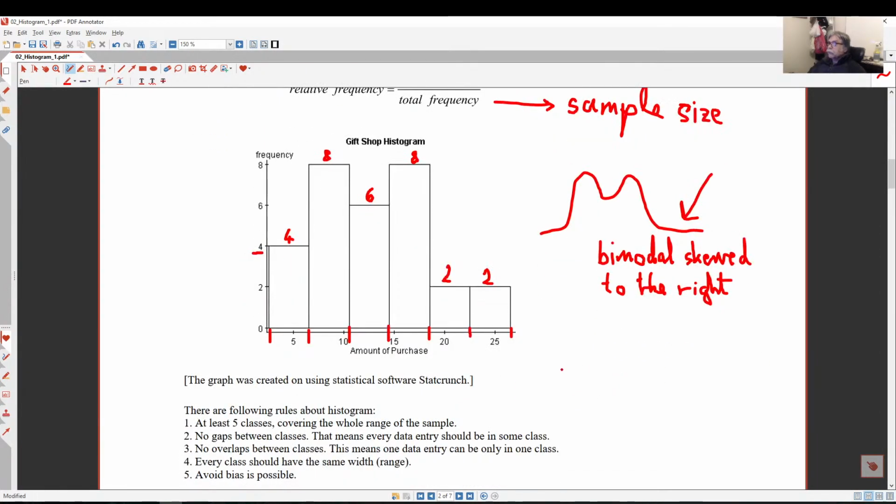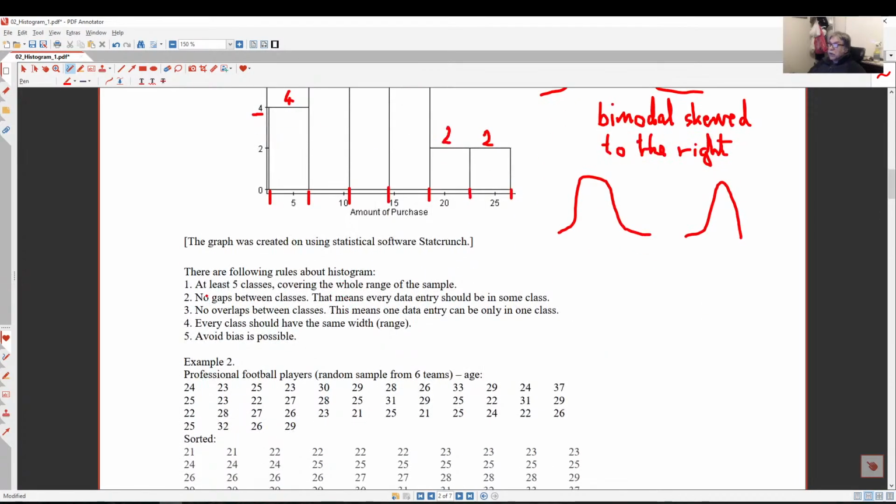A histogram could be unimodal. Unimodal means a histogram that has 1 hill. It could also be skewed to the right, or it could be unimodal and skewed to the left. These are important observations because, by using this kind of information, we could determine the distribution of the data that might be theoretical for us.